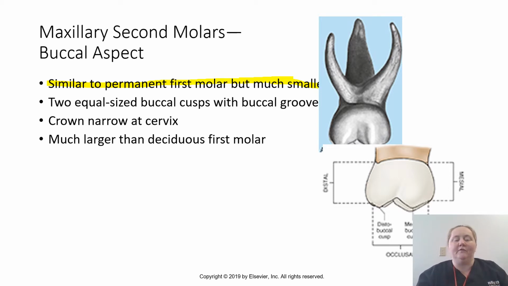So it's similar to the first molar, only very small, okay? It has 2 equally sized buccal cusps with a buccal groove. The crown narrows at the cervix and is much larger than the deciduous first molar, okay? So let's take a look at this, right? 2 buccal cusps, equal in size, 1, 2, okay? And then here's our buccal groove.